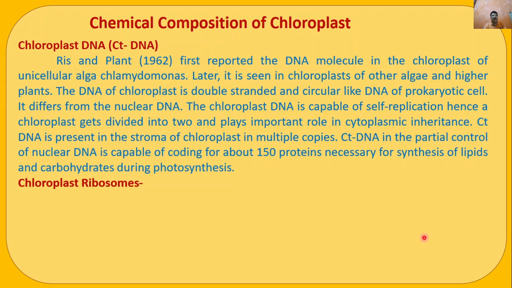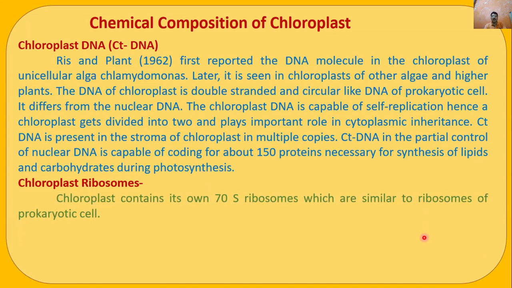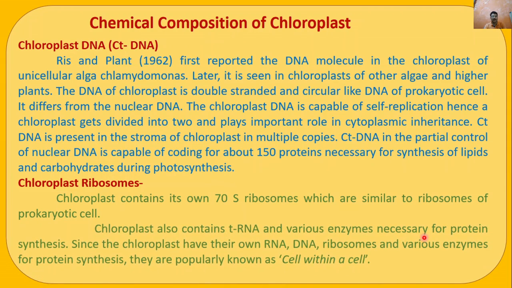Now, like chloroplast DNA, chloroplast also contains chloroplast ribosomes, a special type of ribosomes. These 70S ribosomes are very similar to those of the prokaryotic cell and are very important for the process of protein synthesis.